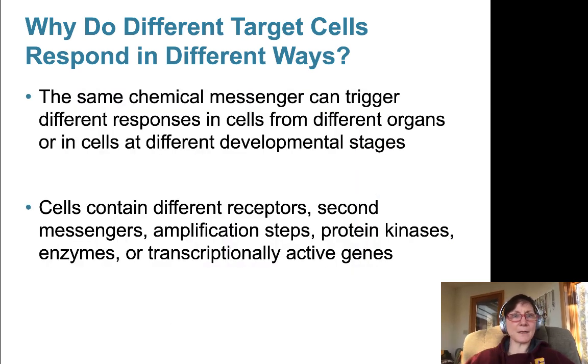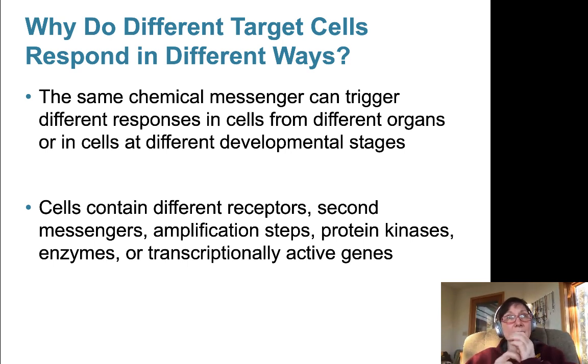Oh, whoops, sorry. So it turns out that you can have the very same chemical messenger impacting target cells in different ways. Here I say the same chemical messenger can trigger different responses in cells from different organs or in cells at different developmental stages.